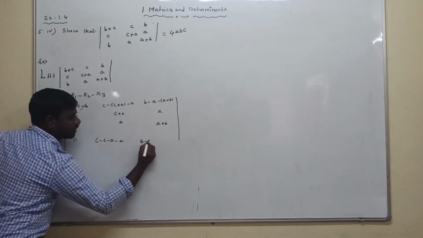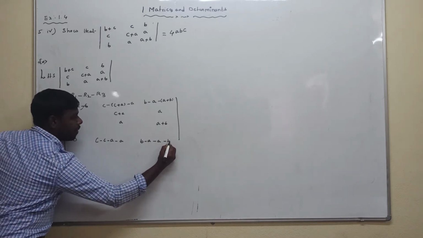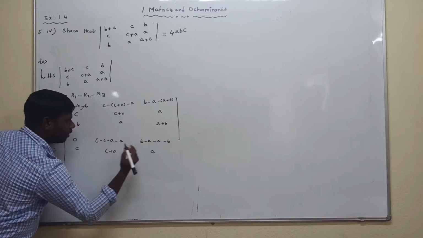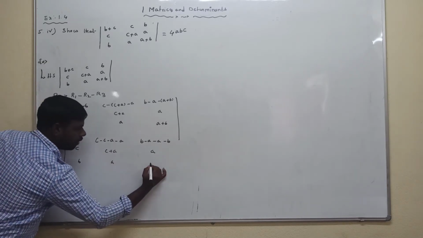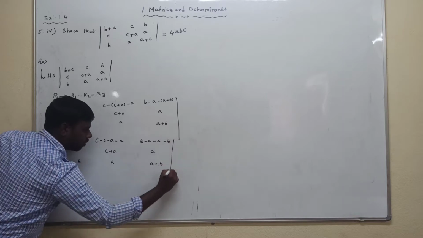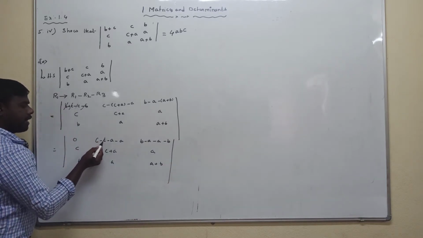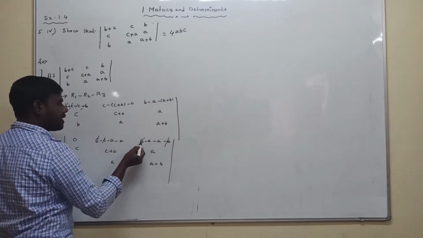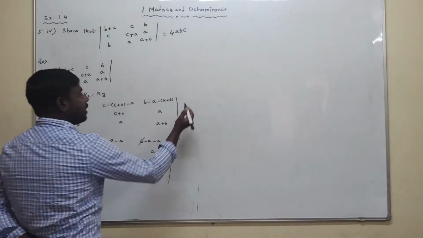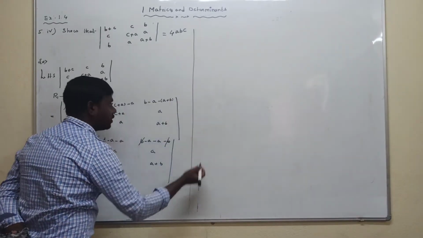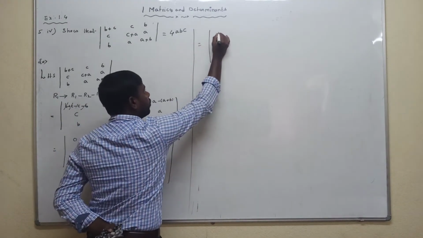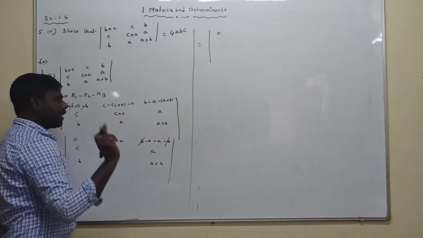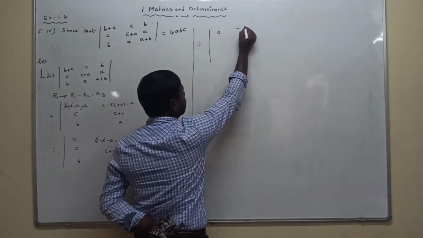Here b minus a minus b. Now here minus c plus c get cancelled. Here minus b plus b get cancelled. We get the determinant with first row 0, minus 2a, minus 2a.